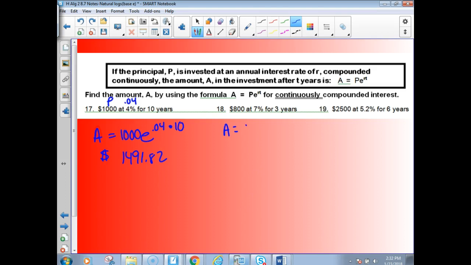All right, the amount for the next one would be 800 times e to the 0.07 times 3. I'm going to let you guys calculate these, because this is simply pushing buttons.